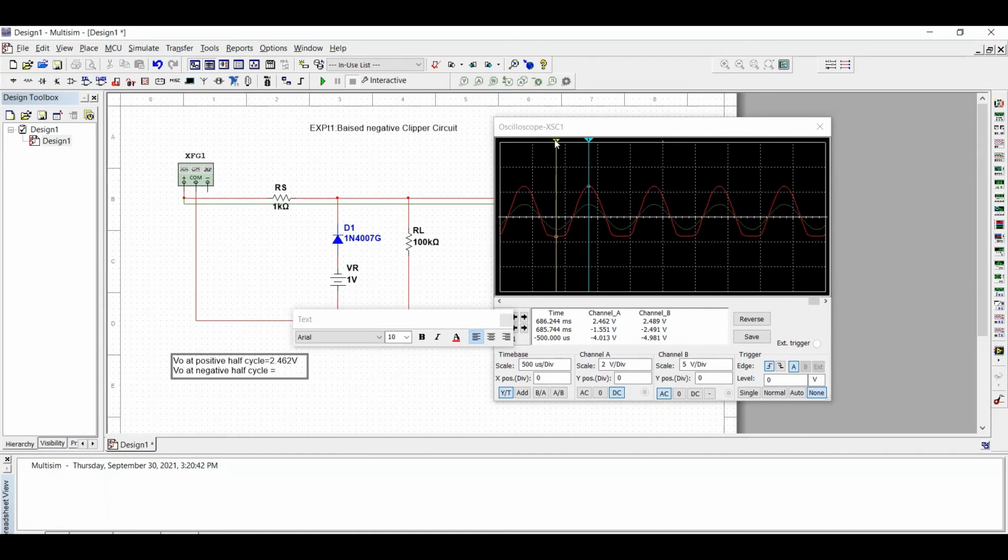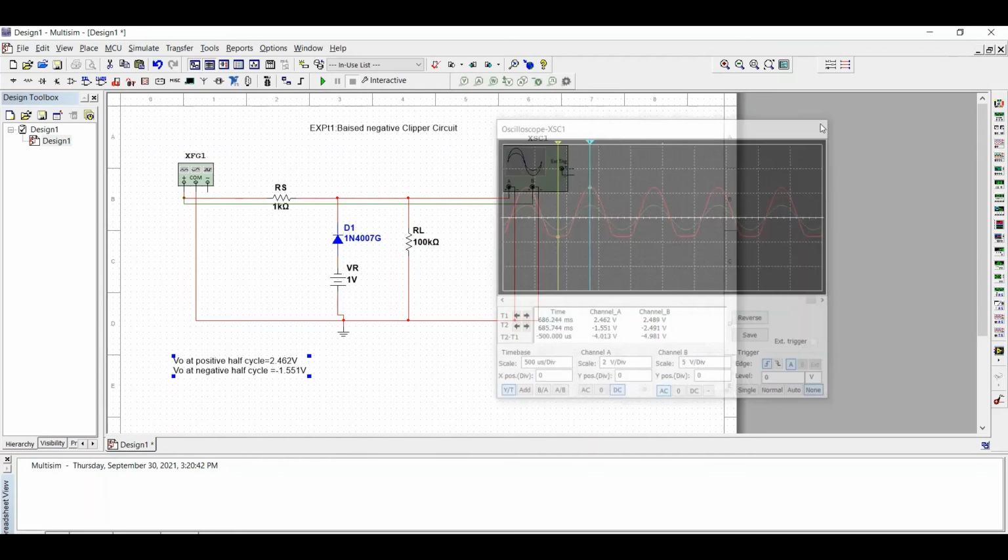Similarly, cursor 2 channel A is giving the negative voltage. So cursor 2 channel 1 is giving you negative, which is minus 1.551 volts. So write it over here, minus 1.551 volts. This is the practical values of the output voltage.